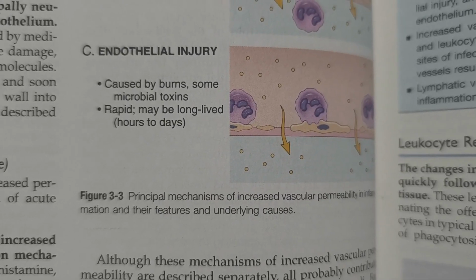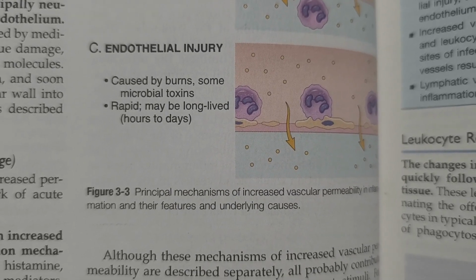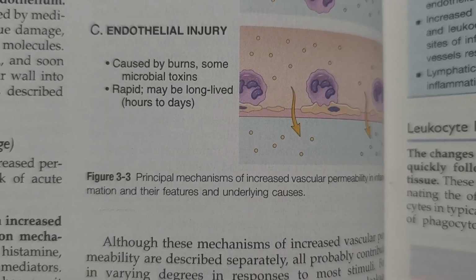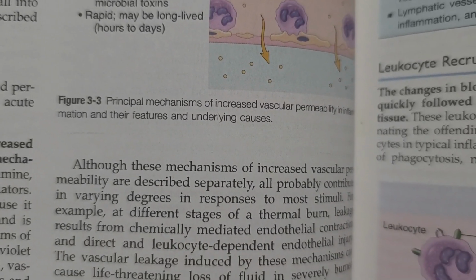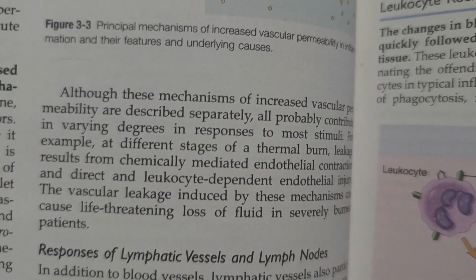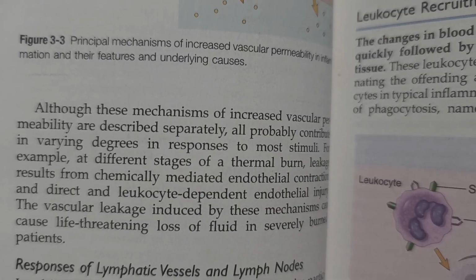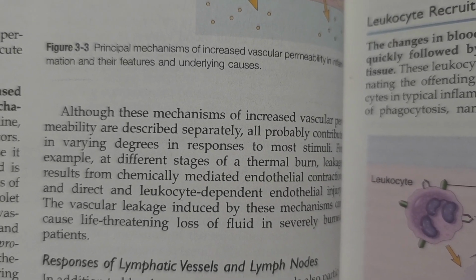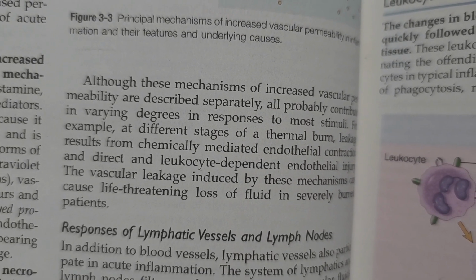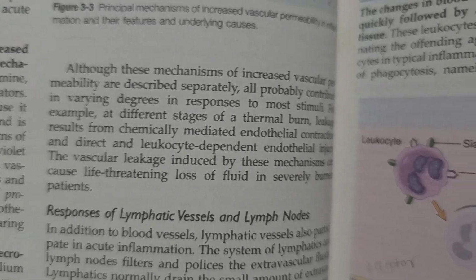Endothelial injury caused by burns and some microbial toxins is rapid and may be long-lived, hours to days. These are the principal mechanisms of increased vascular permeability in inflammation and their underlying causes.